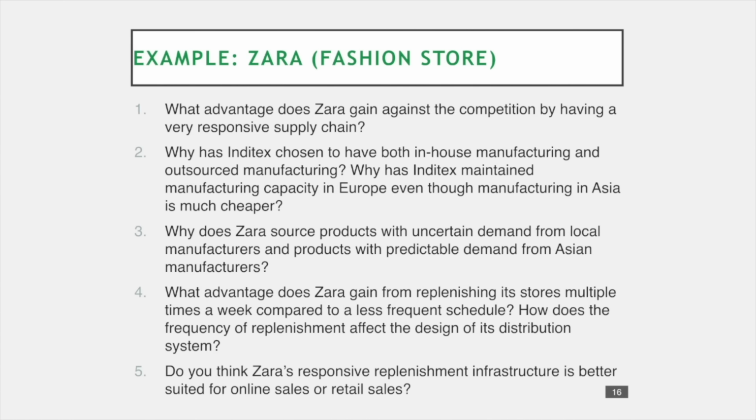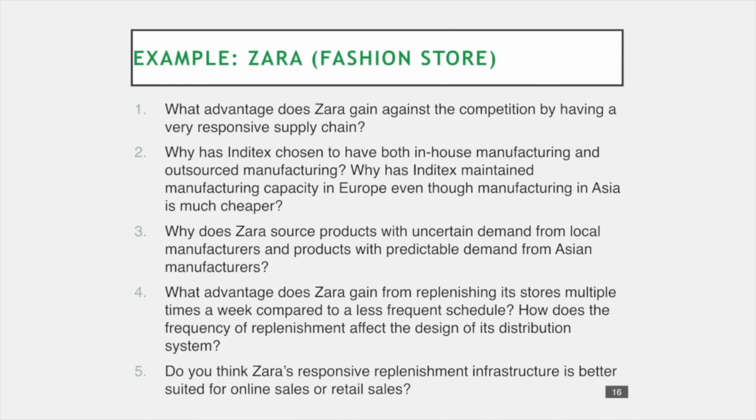Also, why has Inditex maintained manufacturing capacity in Europe even though manufacturing in Asia is much cheaper and their competitors are doing that? Why does Zara source products with uncertain demand from local manufacturers and products with predictable demand from Asian manufacturers? What is the thought behind that?